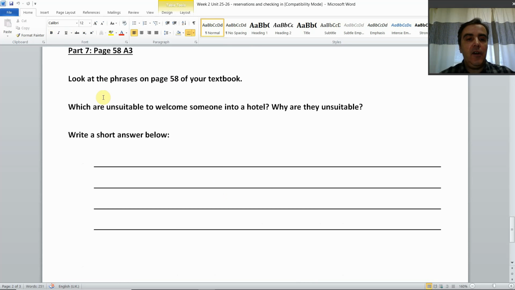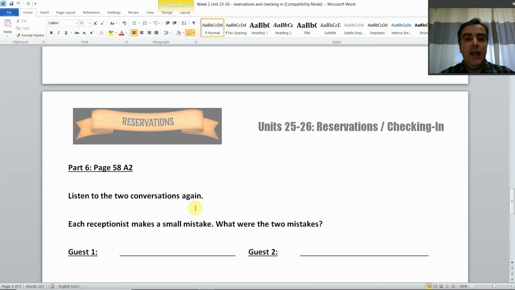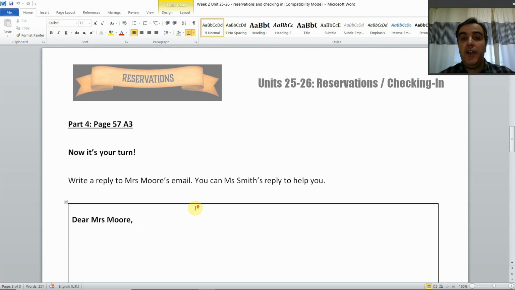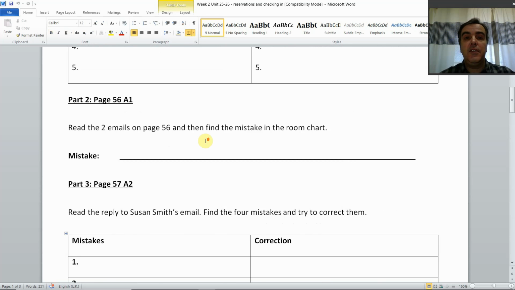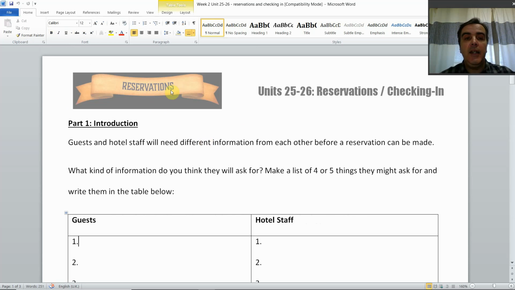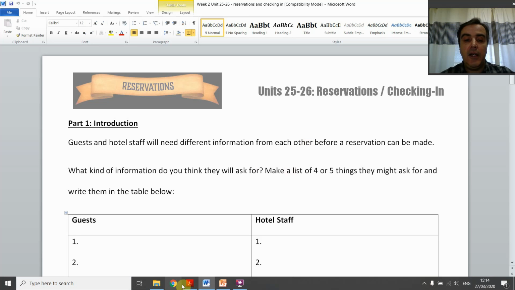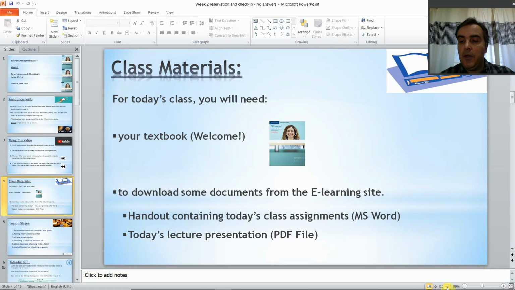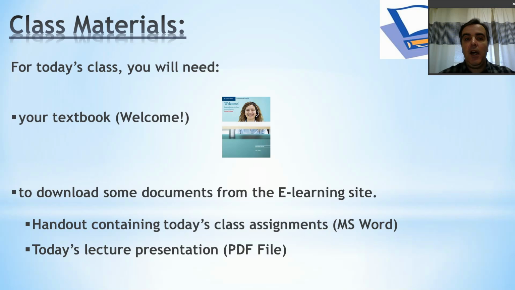And there are 3 pages today. And once you're finished everything, you can upload this to the website. You can upload this either with the Microsoft Word, or if you want to change it into a PDF file, that's good as well. So once you have downloaded those documents, we are ready to start today's class.